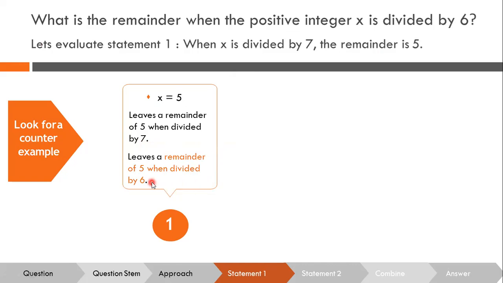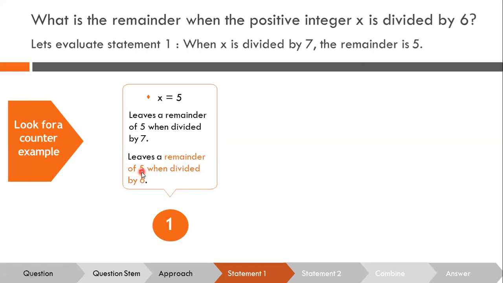So look back to the original problem that is at the top of our screen. What is the remainder when the positive integer x is divided by 6? So from this statement, if you are putting x is equal to 5 and dividing by 7, the remainder is 5. And if we are considering this one, it leaves a remainder of 5 when divided by 6.